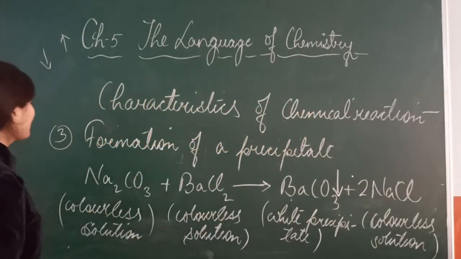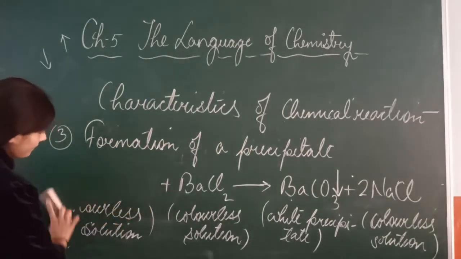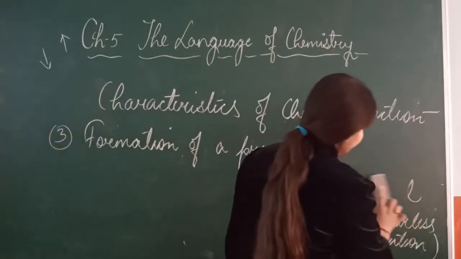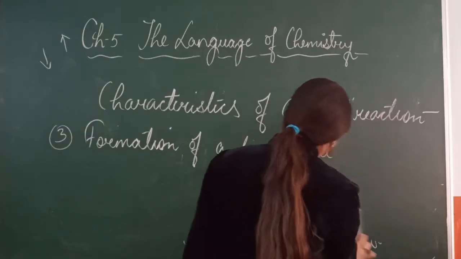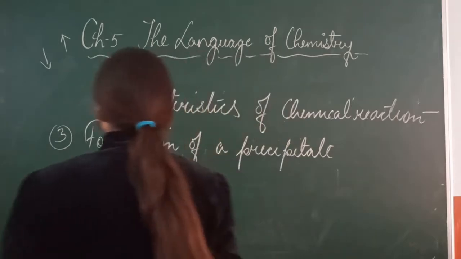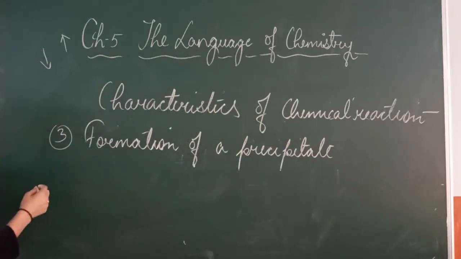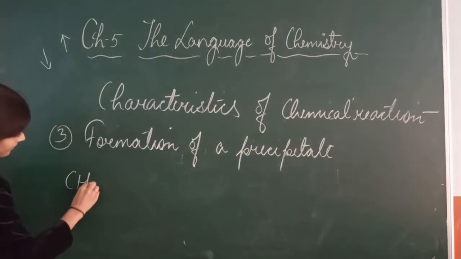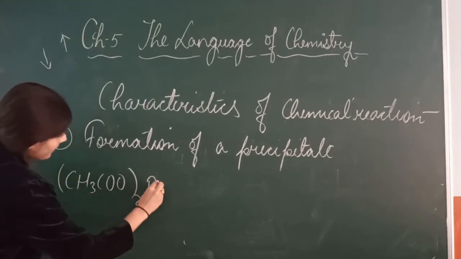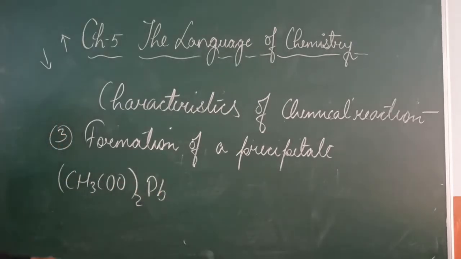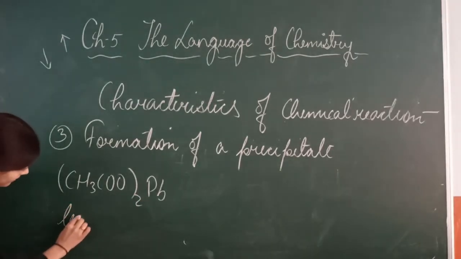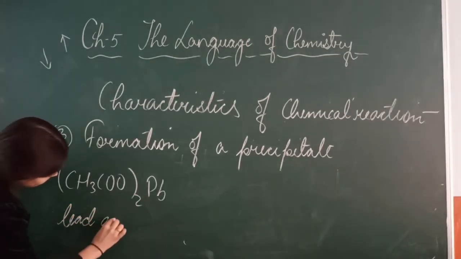Now let's see another example, of lead acetate. Okay, the formula of lead acetate is (CH3COO)2Pb. Okay, this is lead acetate.